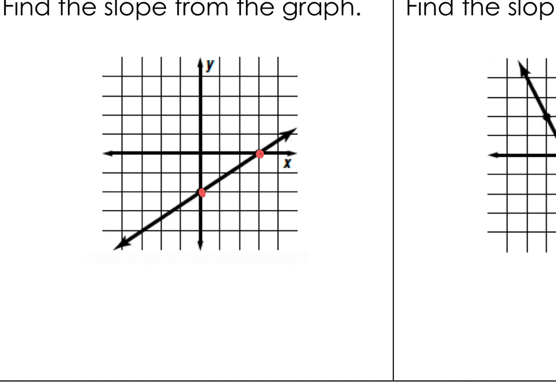This line's increasing, so I'm going to go up and right. So I'm going to go up 2 and to the right 1, 2, 3. I have that positive slope of 2/3. That can't be reduced. We can't divide 2 by 3, so we're just leaving that as the fraction 2/3.